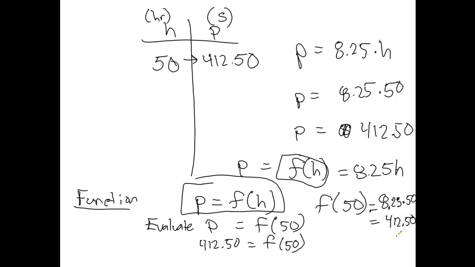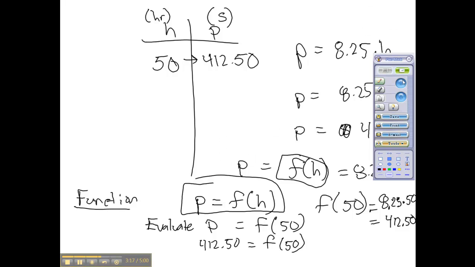A function of working 50 hours results in this pay. So I can say that F of 50 is equal to 412.5, which is the same thing I'm saying over here. It's just stated backwards: F of 50 equals 412.50 versus 412.50 equals F of 50. So there are two identical ways to state things. That's really all function notation is.